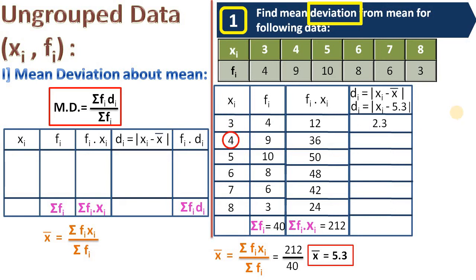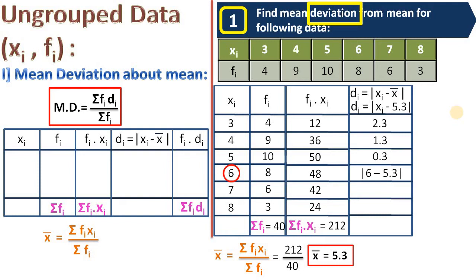Next is 4 minus 5.3, which is minus 1.3, and because of the absolute sign, it becomes positive, so 1.3. 5 minus 5.3 is minus 0.3, and because of the absolute sign, it becomes 0.3.